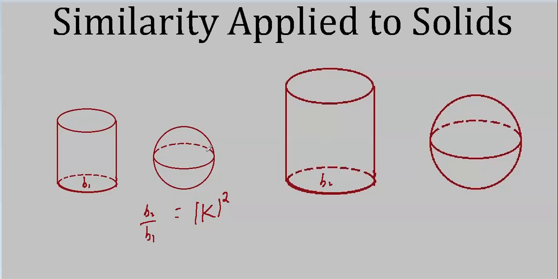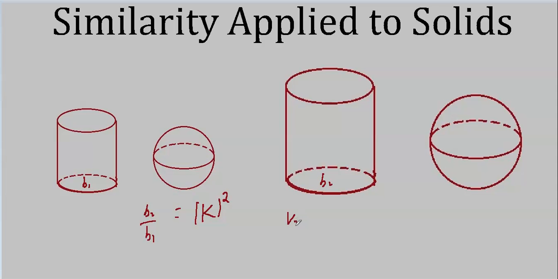And as you remember from the two-dimensional version, the area of polygons and circles also moved as the square of the scale factor. So the area of two similar rectangles, say with a scale factor of k, the areas had a scale factor of k squared. Well, guess what happens with volume?